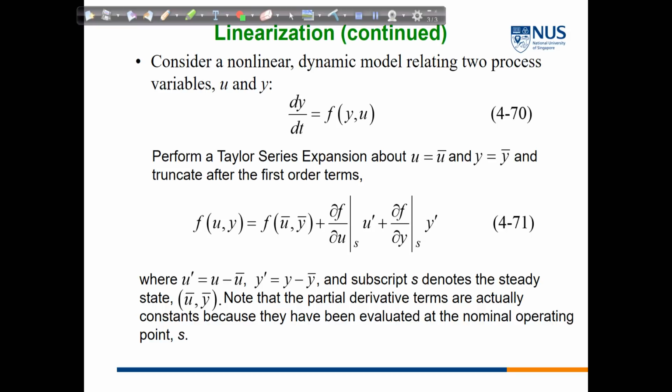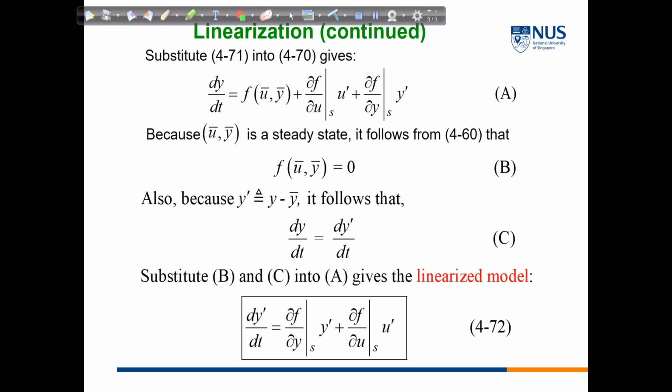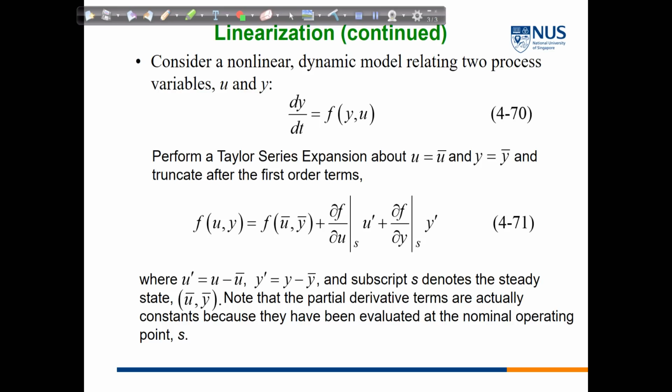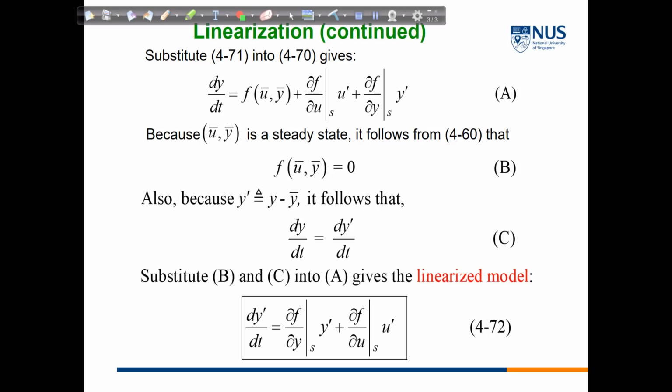So you can directly write the function here. The dy/dt dynamics can be described using this format. Because u bar, y bar is steady state, the dynamic term, because f is the dynamic change dy/dt, at steady state equals 0.